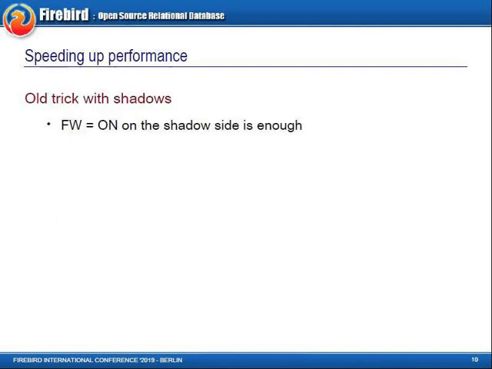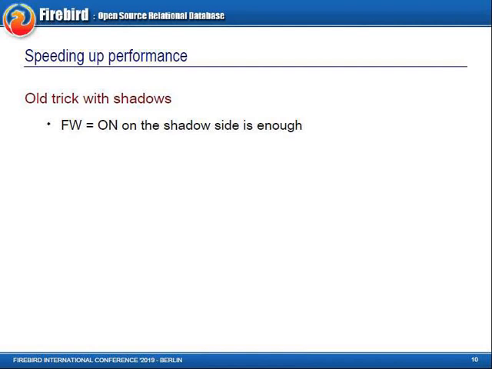What can we do with that in practice? You know, maybe you don't know, there is an old trick with database shadow files. The shadow file is a kind of physical copy, a synchronous physical copy of your database.